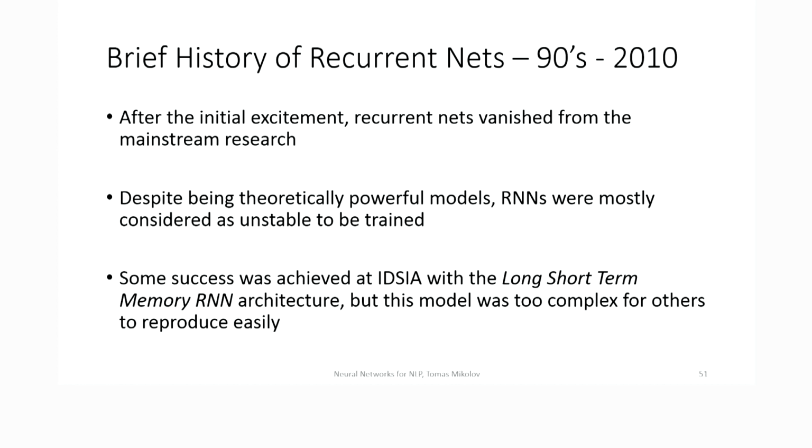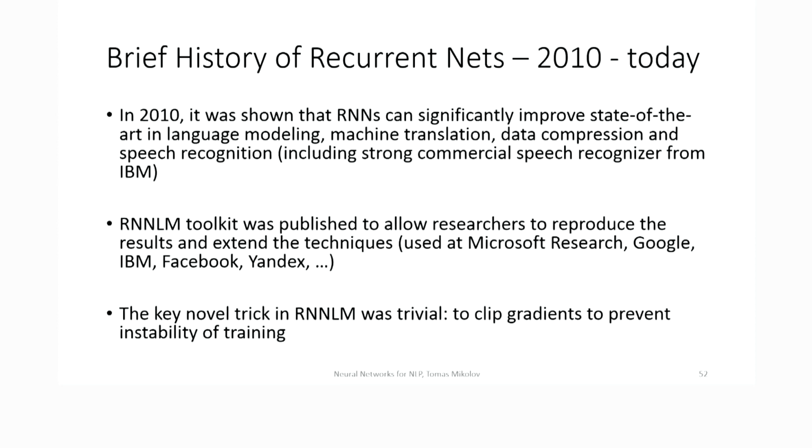Many people were giving up on recurrent networks because of that paper, because they saw it as proof that these models cannot be trained. But it turned out to be wrong. These models can be trained with SGD, and all that had to be done to avoid the exploding gradient problem was to just clip the gradients, which I did in 2010. Then it was very easy to use recurrent networks for a number of tasks, like language modeling, machine translation, and so on. And I could obtain state-of-the-art results on all of them. So it was quite exciting.